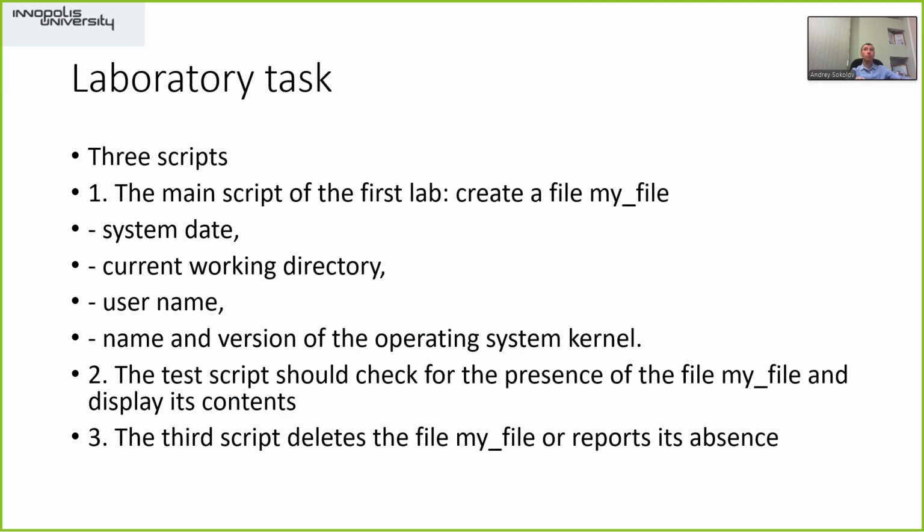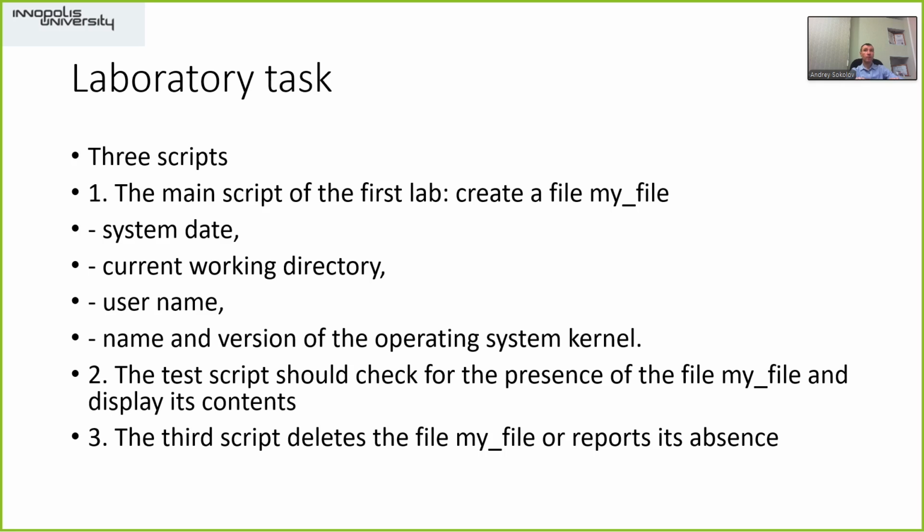What you will need to do in the laboratory work? You need to create 3 scripts. First, main, performs the task. The second, test, checks the correct operation of the main one. The third, reset, returns the system to its original state so that the process of executing the scripts can be started from the beginning.